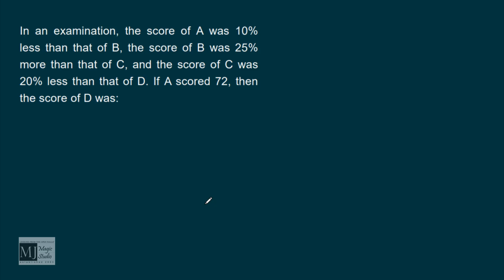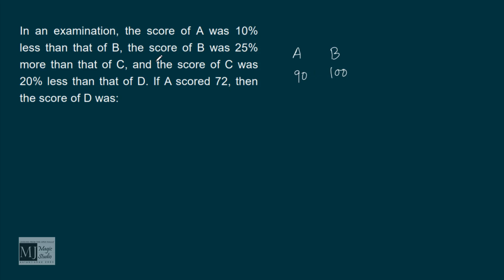So here is the next question, and you know the drill. You must have paused the video and tried to solve. So let's see what it is. In an examination, the score of A was 10% less than that of B. That means A is to B should be, if B is 100, A should be 90.